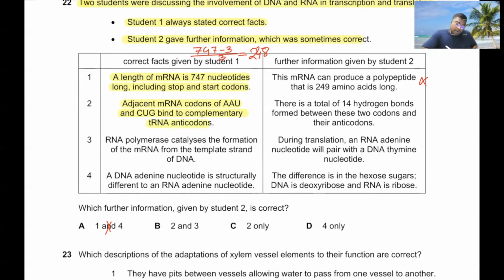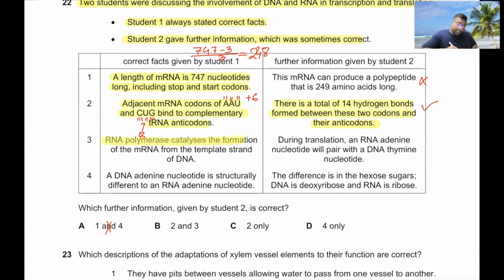There is a total of 14 hydrogen bonds formed between the two codons and their anticodons. We know A produces 2 hydrogen bonds and U also produces 2 hydrogen bonds. So in total there will be 6 here. And C produces 3 hydrogen bonds, U 2, G 3. So there will be a total of 8. So 6 plus 8, total will be 14. So this is a correct statement. Option 2 is correct.